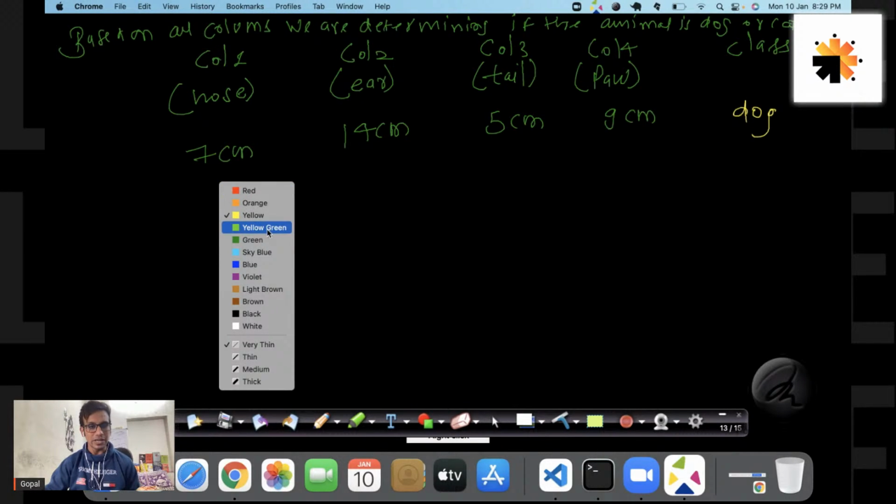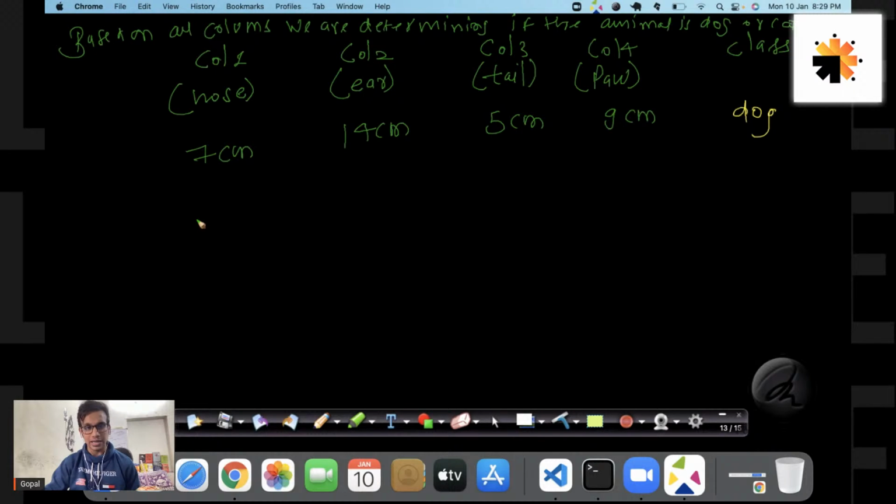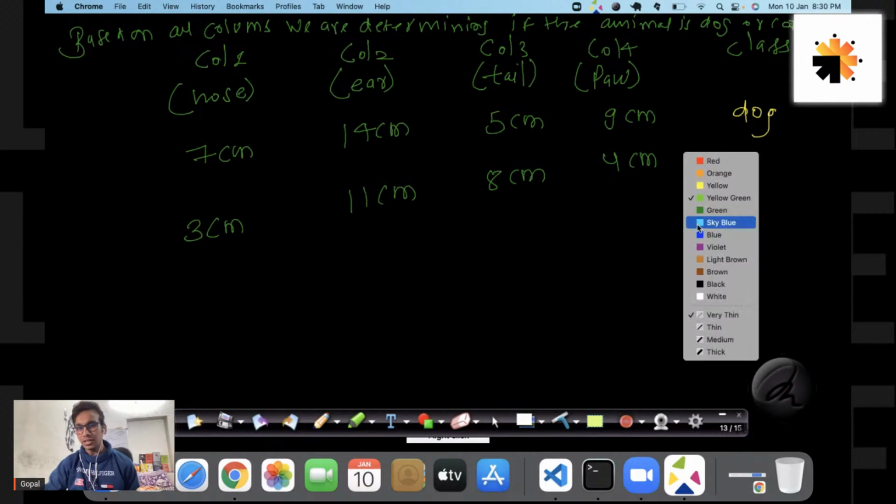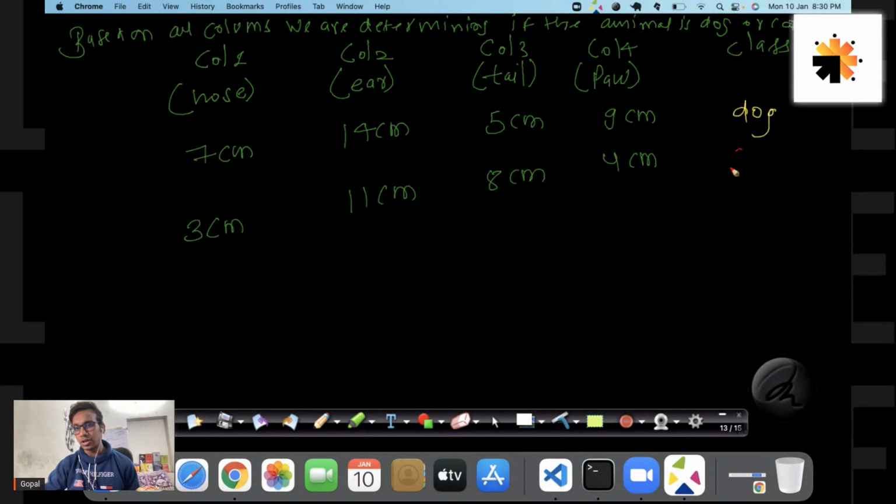The very next thing I can do here: let's say the nose is somewhat smaller this time, the ear is also somewhat smaller, let's say 11 centimeter, the tail is somewhat longer, 8 centimeter, and paw size is also smaller, let's call it 4 centimeter. Based on that, I'm saying this is a cat.